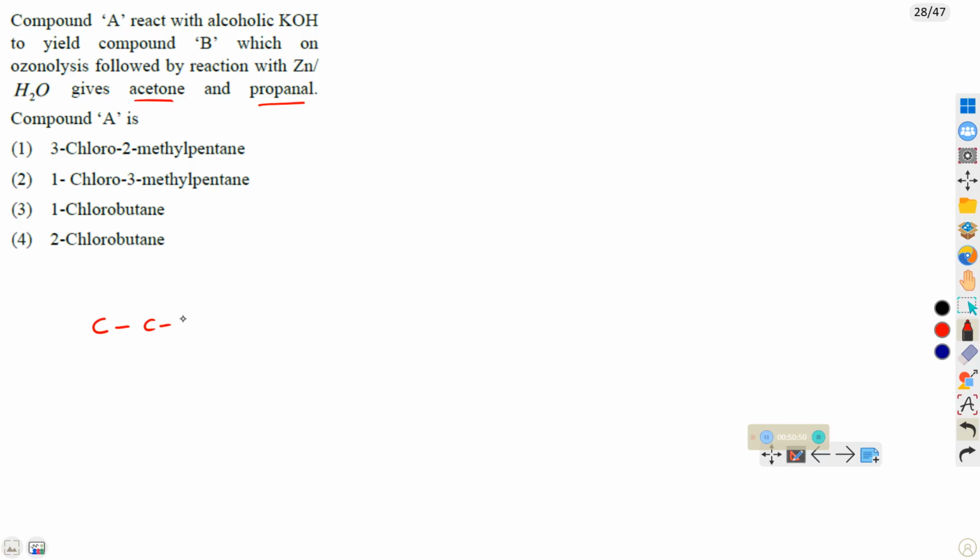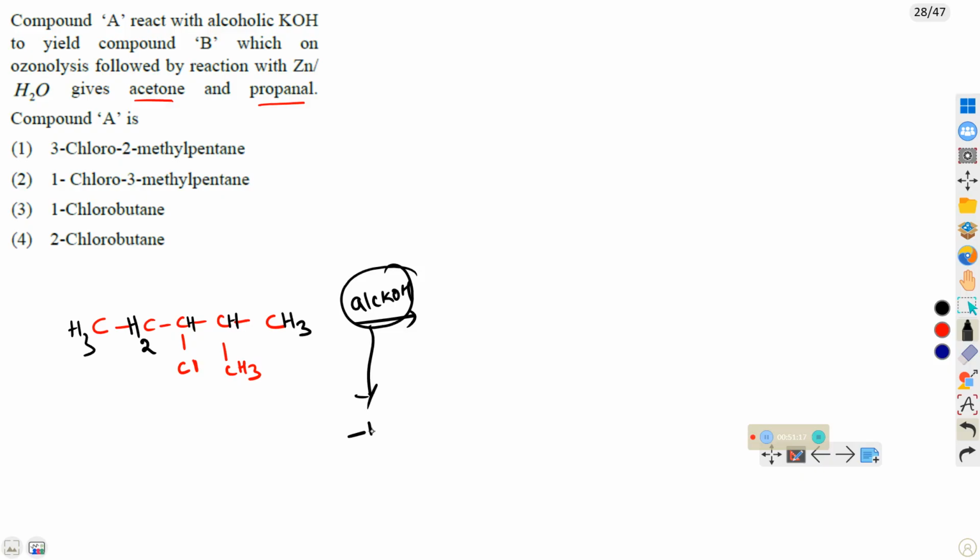Meth, eth, prop, but, pent. Pentane, 3-chloro, 2-methyl. Remaining hydrogens: CH3, CH2, CH, CH, CH3. Reacts with alcoholic KOH.